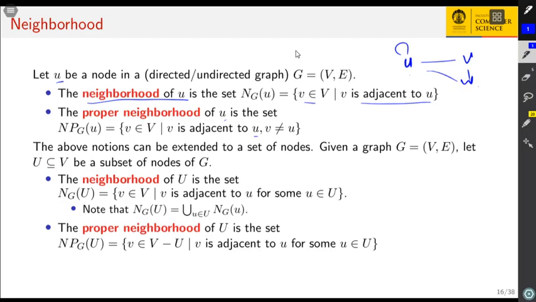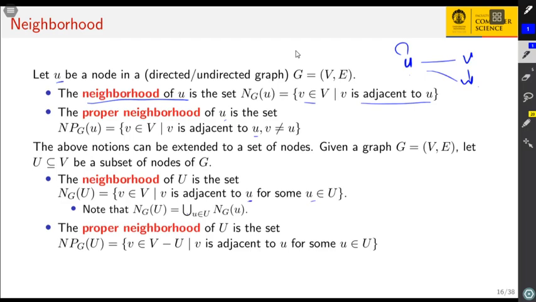Then you could define a neighborhood of a set of nodes. The neighborhood of the set of nodes capital U is the set of all neighbors of some nodes in U. And the proper neighborhood is really just you make sure that the set does not contain nodes in U.